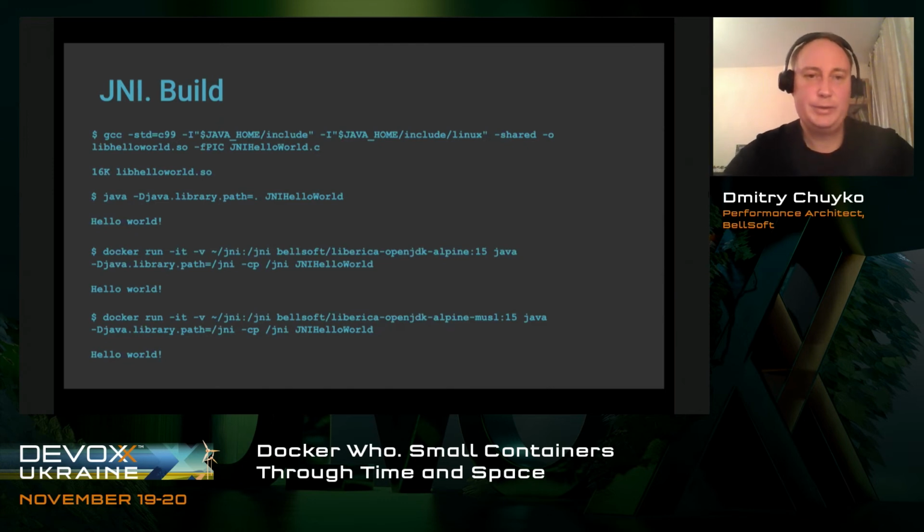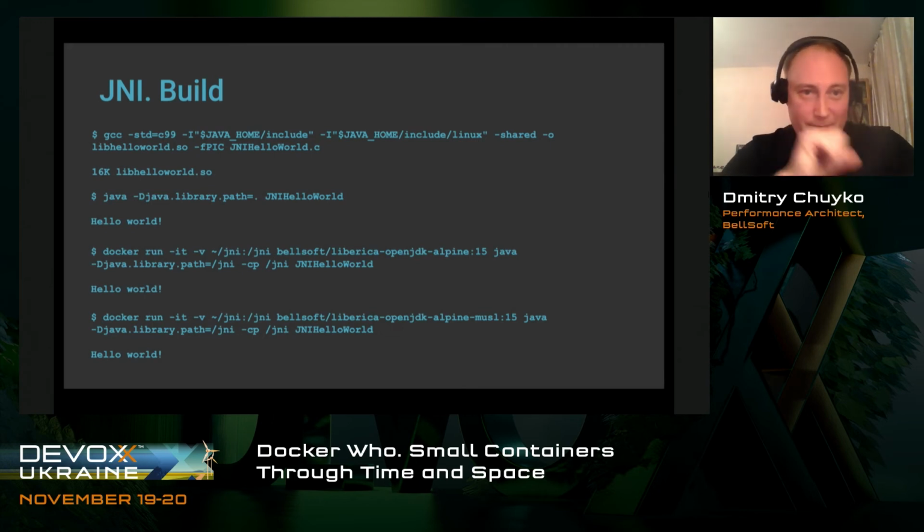Well, we have some nice consequences. Like when we use JNI, we also probably would prefer making a cross build for musl. So if you take your JNI binary part, native part as is, it may not work. In this example, I show how to perform regular compilation, right?